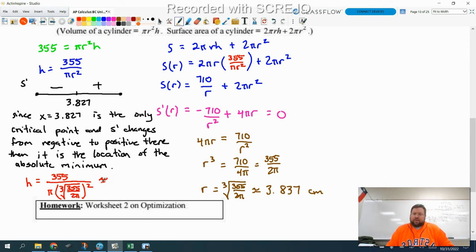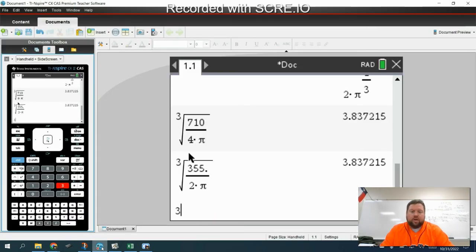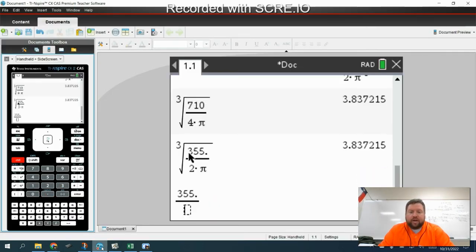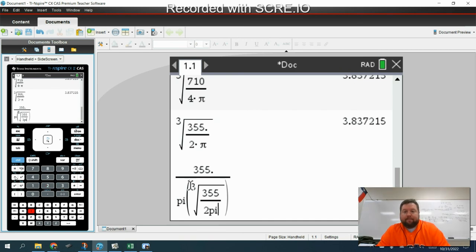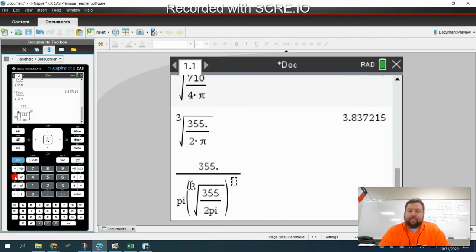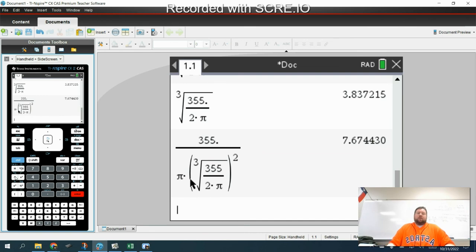And this will be an approximation that we'll use with our calculator. All right, 355 divided by pi, parentheses, cube root 355 over 2 pi, and that whole thing is squared. 7.674.